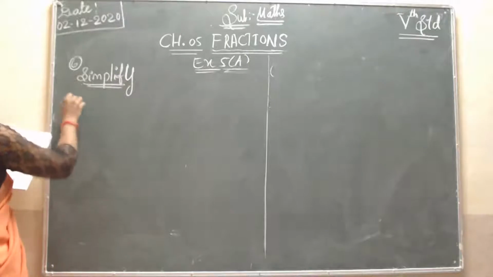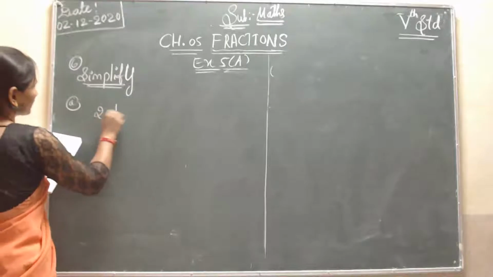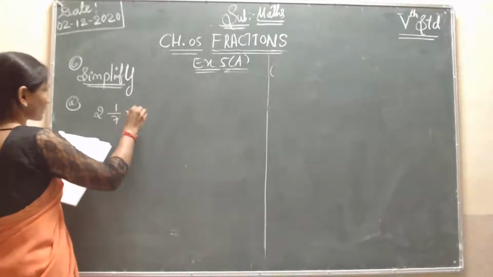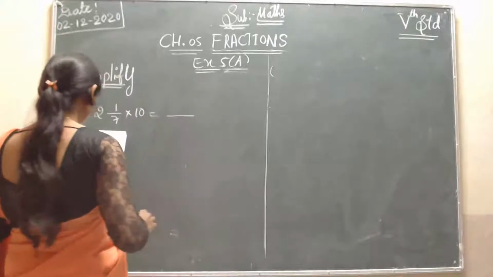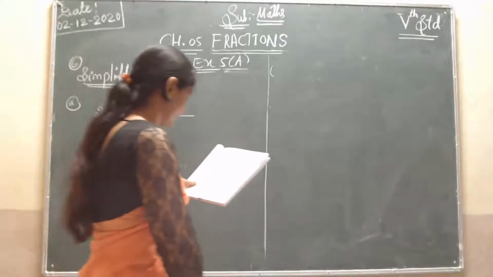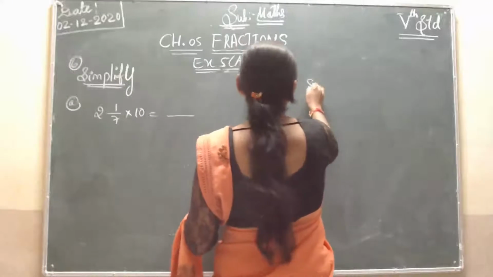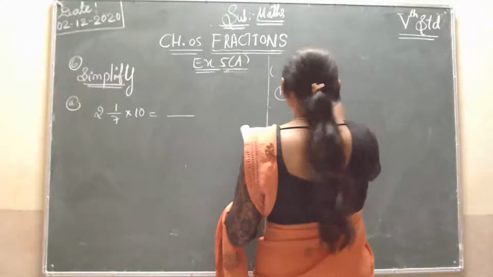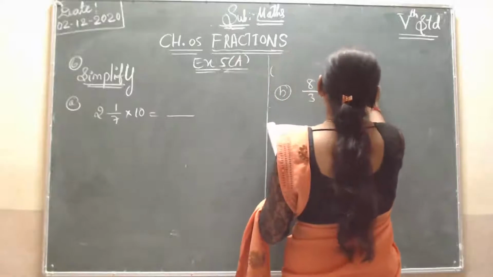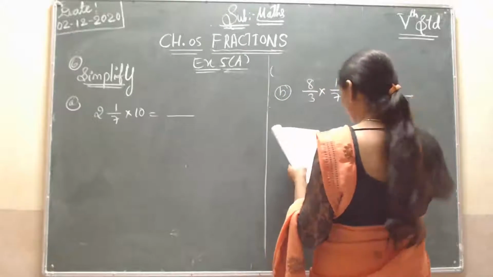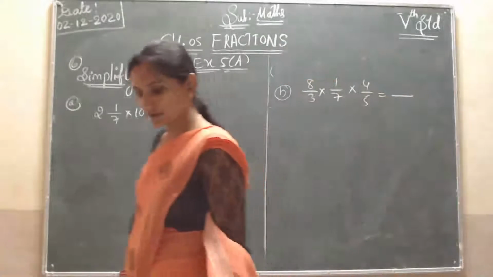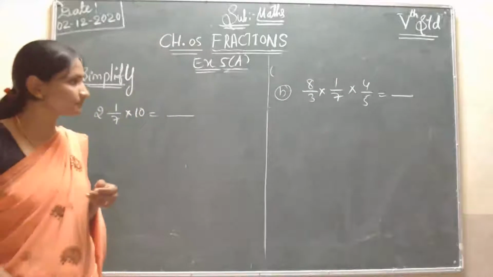Students, in question number 8, 2 and 1 by 7 into 10, what is the result? So next question. In B, 8 by 3 into 1 by 7 into 4 by 5 is equal to dash. Students, can you observe this question?